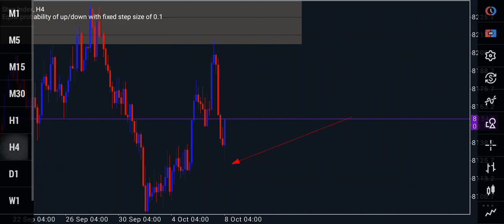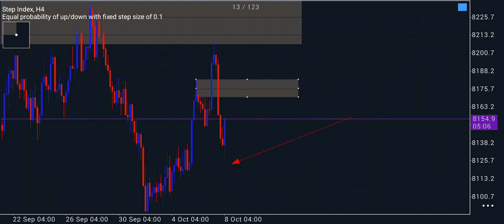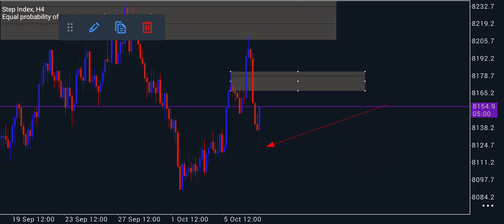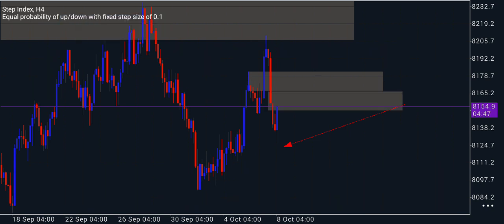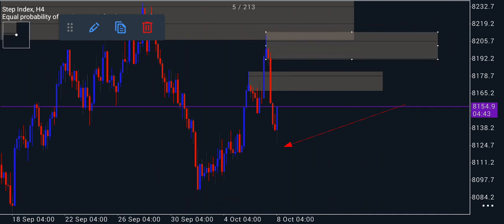So from here, I want to mark out my zone. I want to mark out this zone. Market is already retracing back to the zone. If price can retrace back to this zone and give us a sell signal, I will sell the market. Or if market comes back to retest this zone, these are the two zones.